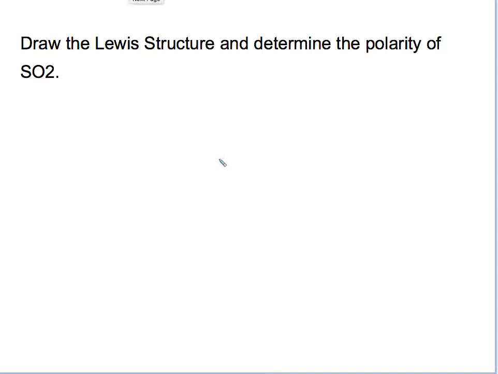All right? And so let's try another one here. Draw the Lewis structure to determine the polarity of SO2. So we'll say S is the central atom, and then it's going to double bond an oxygen there, and then it's going to double bond another oxygen here, and there'll be a lone pair here. This actually, if I remember right, should be a single bond there.